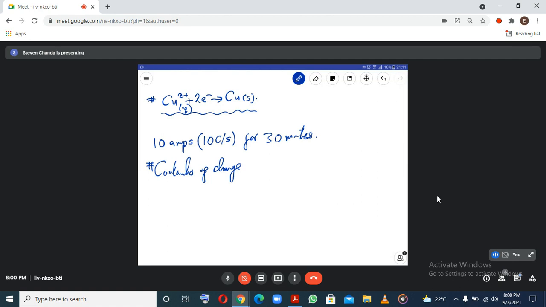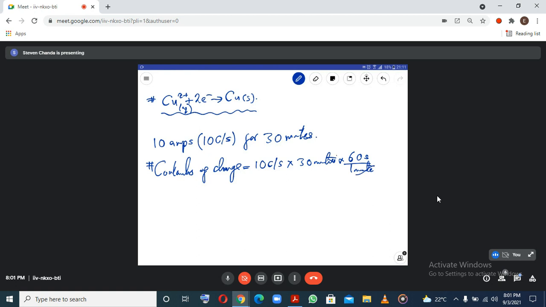Remember, the aim is to find the mass of copper that will be electroplated when this is done. So the coulombs of charge, we say it's 10 coulombs per second, times 30 minutes. Now you know we don't use minutes, so we convert the minutes. Since we want to go to seconds, seconds will go on top, then minute goes down, so that the minute cancels, and the second cancels the second.